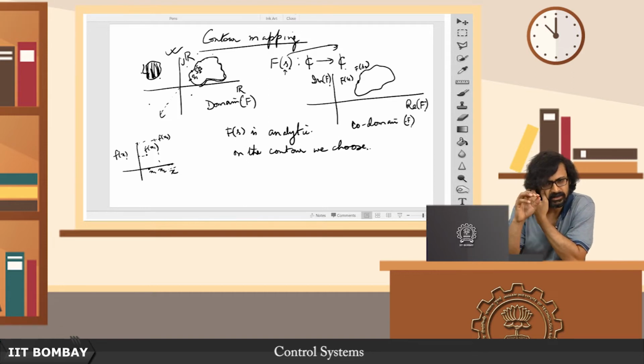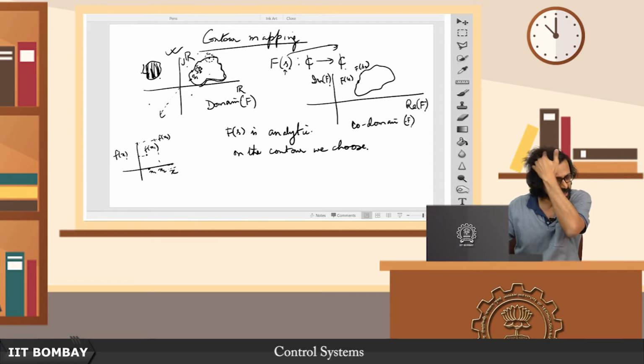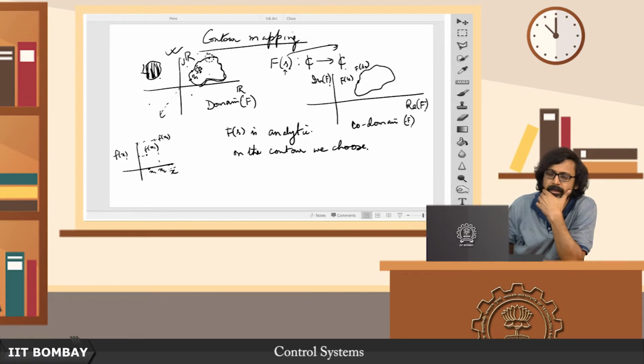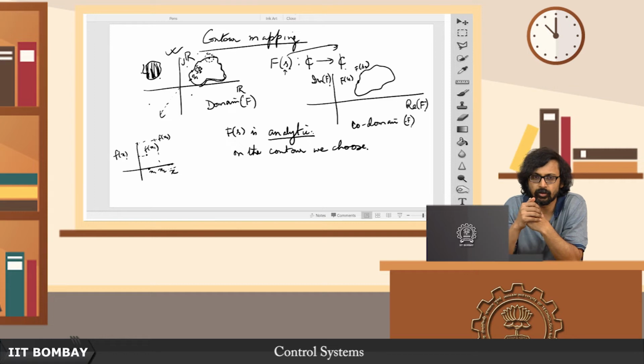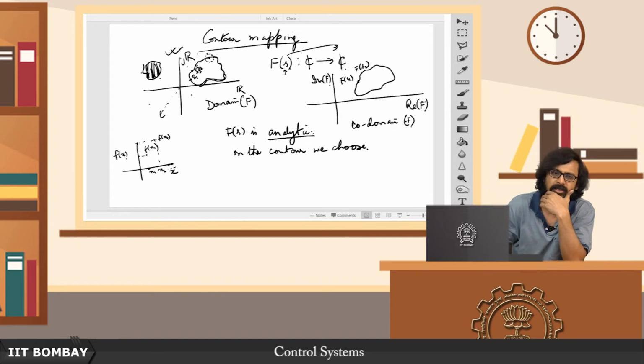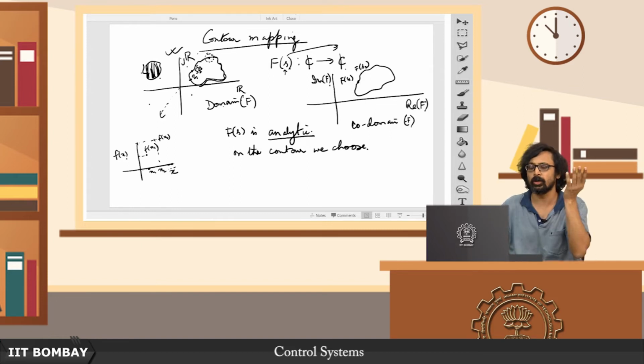So in other words, at every point on this contour, in a neighborhood of that point you can expand f of S in a convergent series, that's what analyticity is, right. So f of S is analytic on the contour we choose. So we do not encounter nasty points where f of S tends to blow up. We avoid those points. If there are such points, then we maybe bypass those points, right. So that is what we do. So that will allow us to sort of plot this.